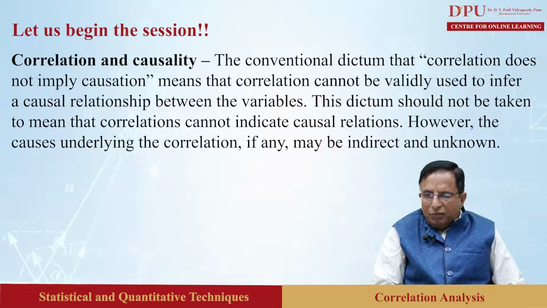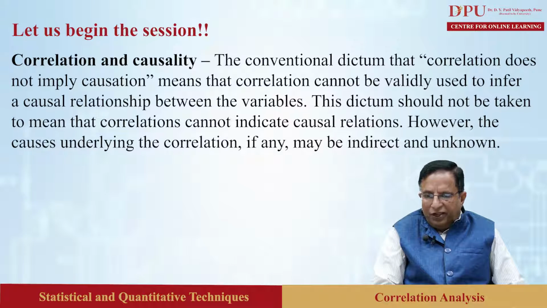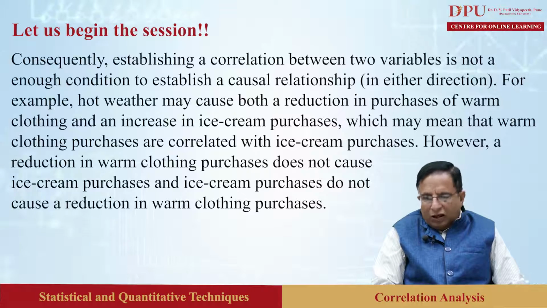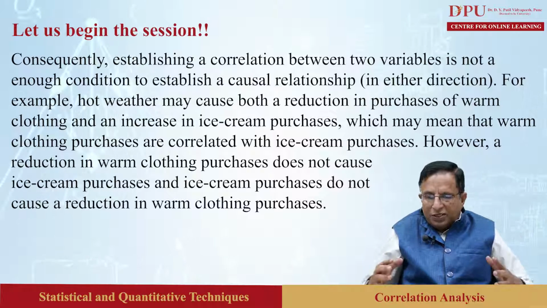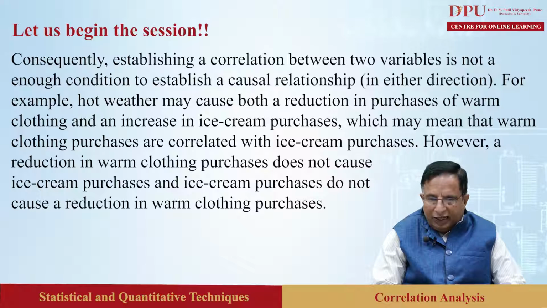This dictum should not be taken to mean that correlation cannot indicate causal relations. However, the causes underlying the correlation, if any, may be indirect and unknown. Consequently, establishing a correlation between two variables is not a sufficient condition to establish a causal relation in either direction.